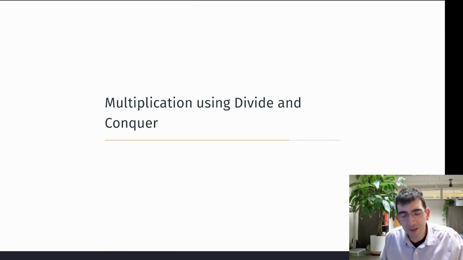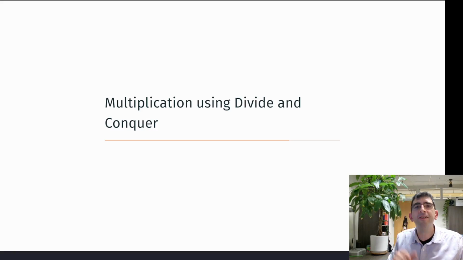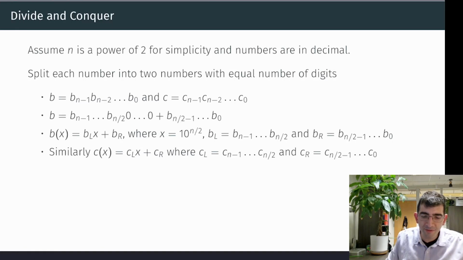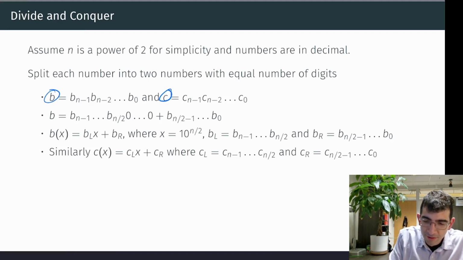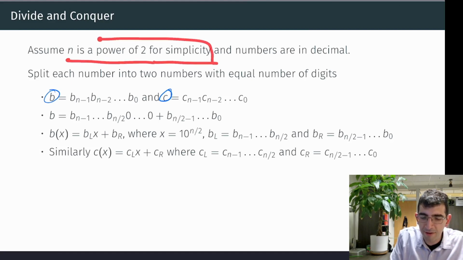Okay, but we want to do something better. So let's see if we could add some divide and conquer flavor into our multiplication algorithm. Specifically, let's say that we have two operands, B and C. Divide and conquer typically breaks the inputs up into two chunks, hopefully of equal size. So for the sake of simplicity, for the moment, we're going to assume that the number of digits n is a power of 2.